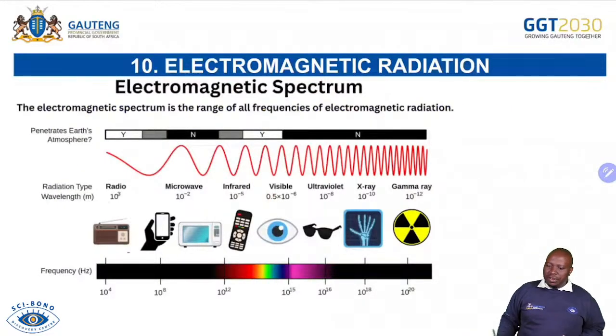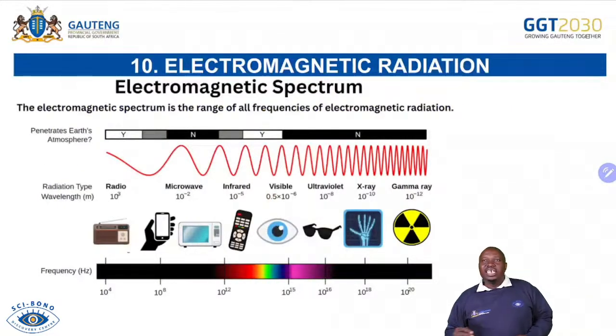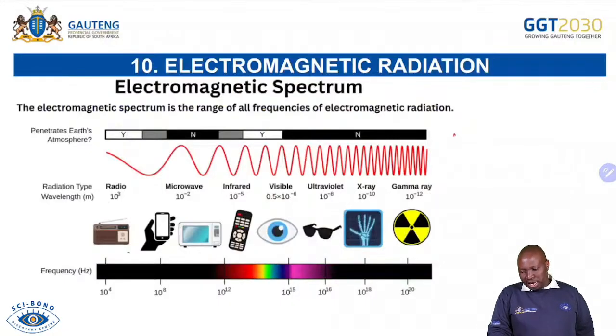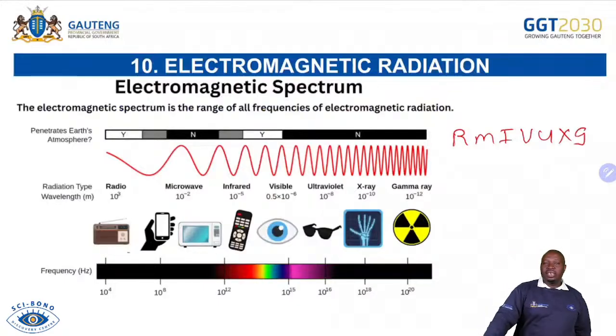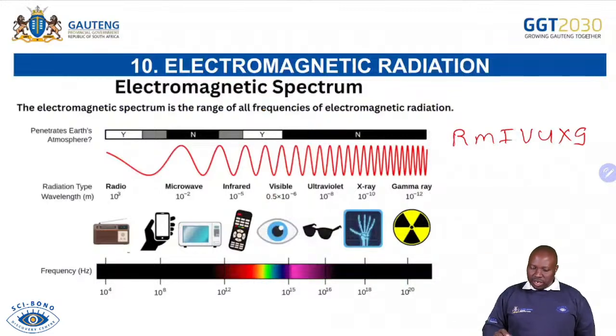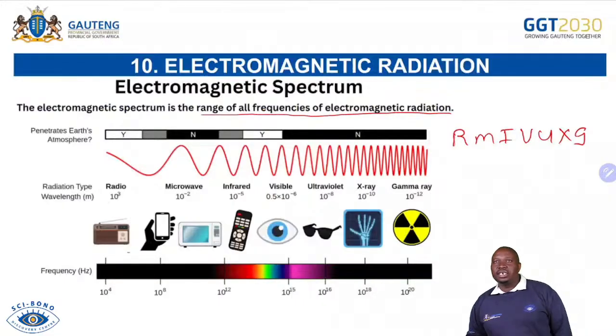Now, let's look at the electromagnetic spectrum. Remember, we said Rami Fuchs. I'm always saying that so that you remember. When you know it, you won't forget, because you'll know we have those seven electromagnetic radiations, and this is the spectrum. When we say electromagnetic spectrum, we're saying the range of all frequencies of electromagnetic radiation.